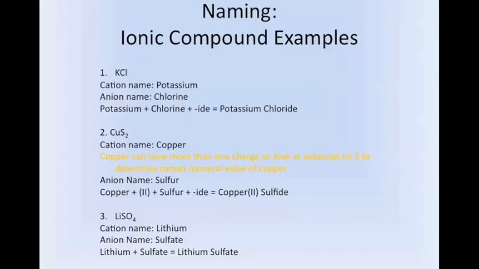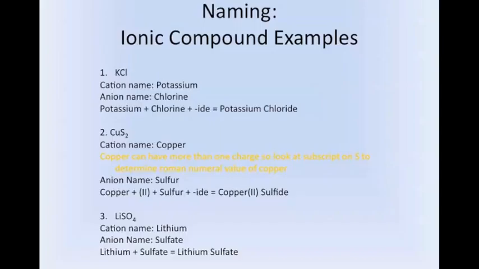And you do sulfur plus IDE suffix equals copper(II) sulfide. Okay, so looking for the copper 2, if you look at the chemical formula, you see that it's CuS2, and the S subscript 2 indicates that the copper is taking a plus 2 charge, indicating that it needs a Roman numeral of 2.